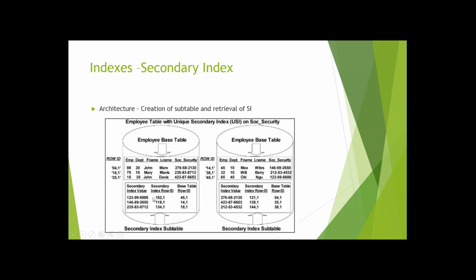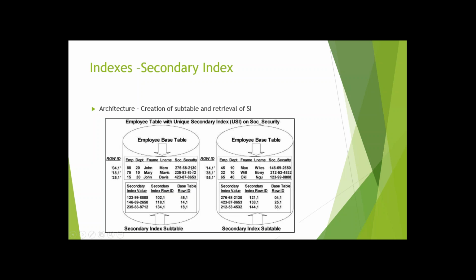The reason being, in our example, let's say you want to query, I want to know which employee number has social security equals 276682130. So I'm going to write a simple script. Select employee from employee table where social security is equal to 276682130.